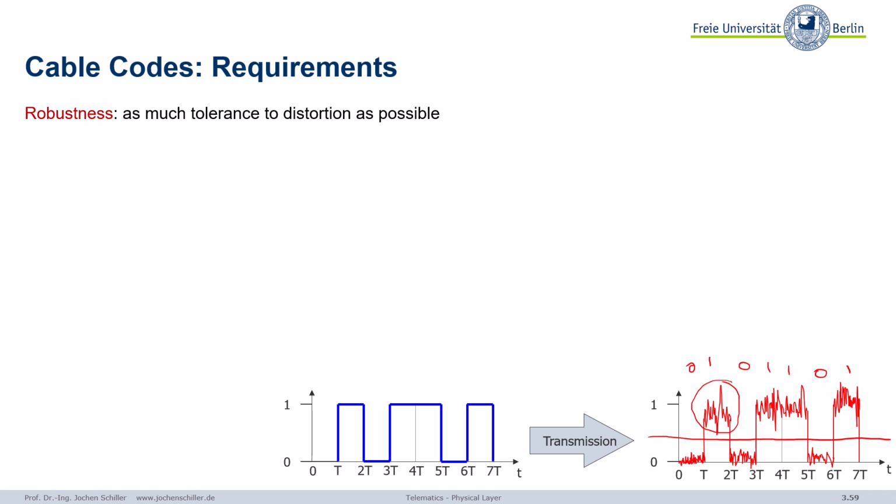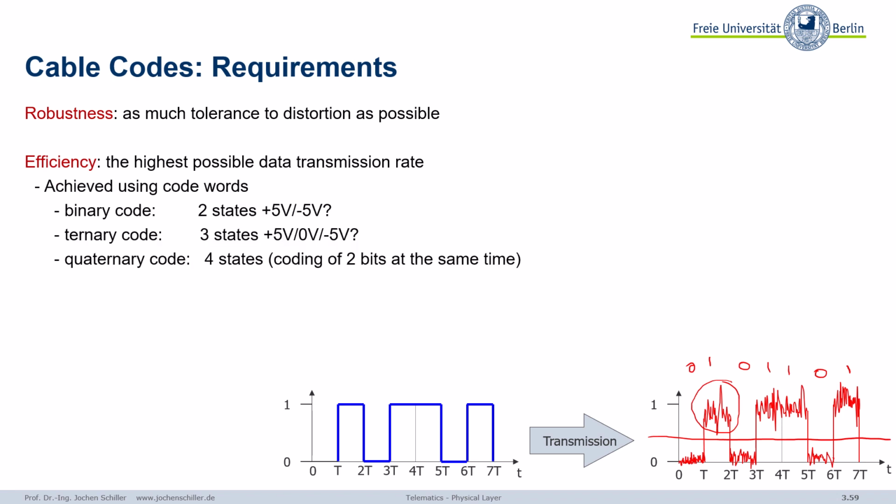So what is important is we have to create robust signals. So we have to be able to tolerate distortion, as shown here. It should also be efficient. So we try to squeeze out the highest possible data transmission rate. And yeah, we can code in different ways.